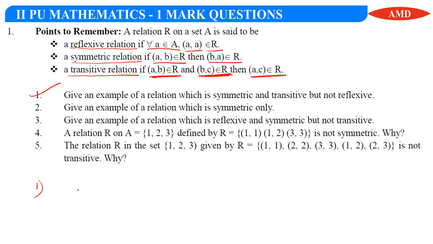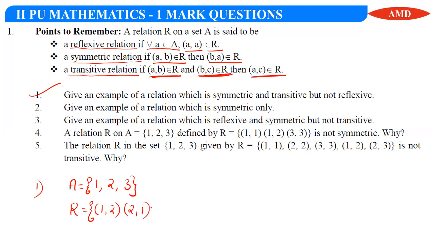So whenever we give an example, we need to define the relation on the set. Let me take the set as A equal to {1, 2, 3}, and the relation, let me define it as {(1, 2)}. To make it symmetric, I will have to write (2, 1).